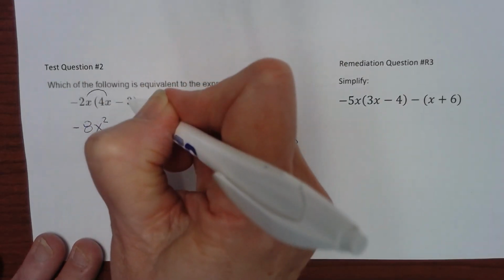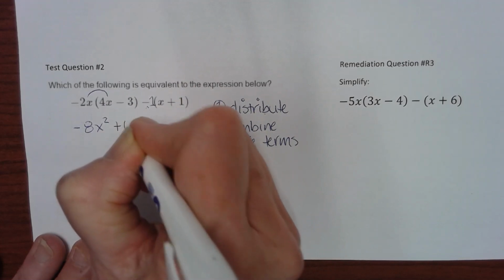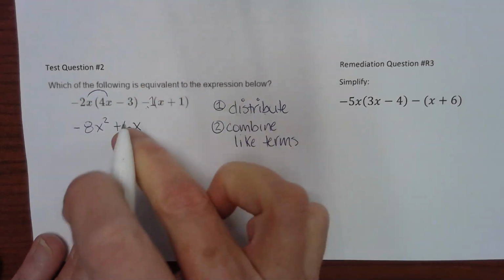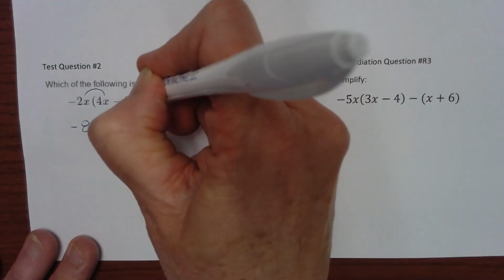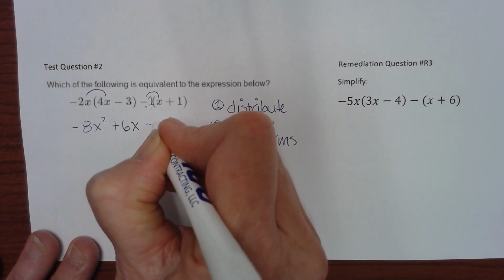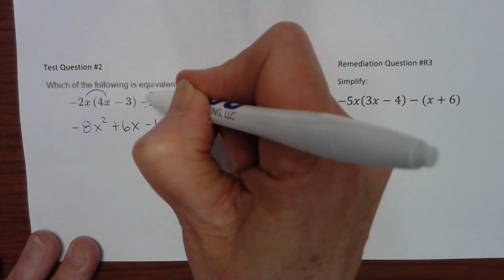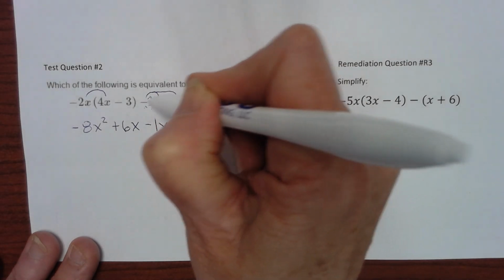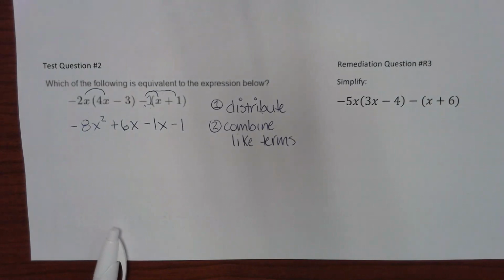Then I'm going to distribute here a -2 times a -3 is a positive 6, and there's an x on that. Okay. Now I'm going to distribute here. I am distributing a -1, so that means this is going to be minus 1x, or just minus x, and I'm going to distribute a -1 here, and a -1 times a positive 1 is a -1.